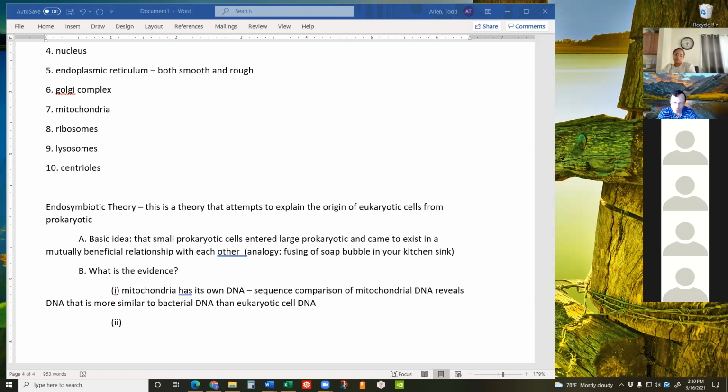But folks, did you know that mitochondria have their own ribosomes? If you purify mitochondria out of a cell and then open up the mitochondria and look inside, not only are you going to find DNA, you're going to find ribosomes. Mitochondria have their own ribosomes. Well, that's kind of weird, right? I mean, why would an organelle that makes ATP for the animal cell have its own ribosomes?